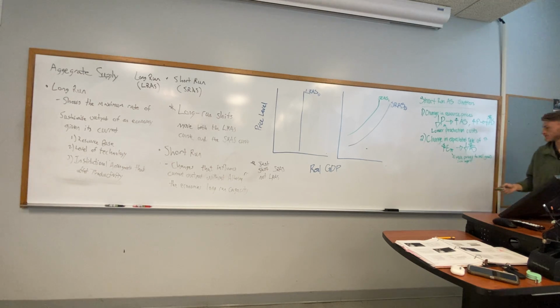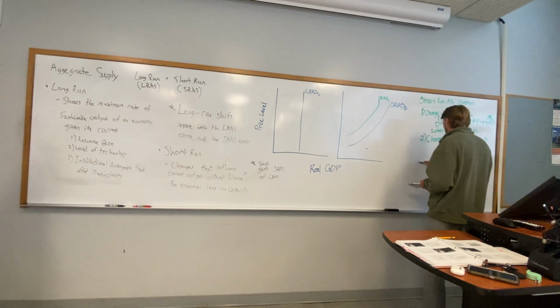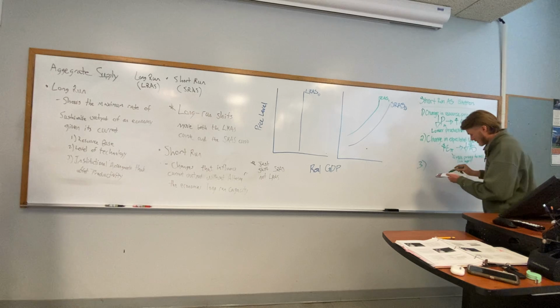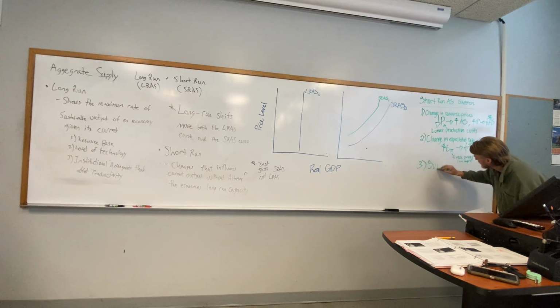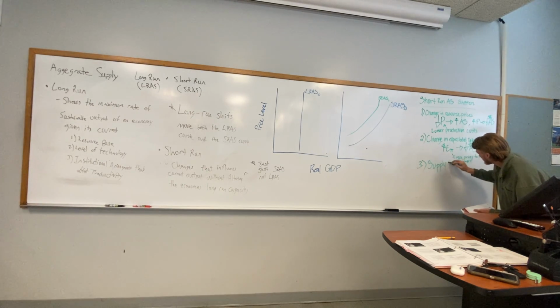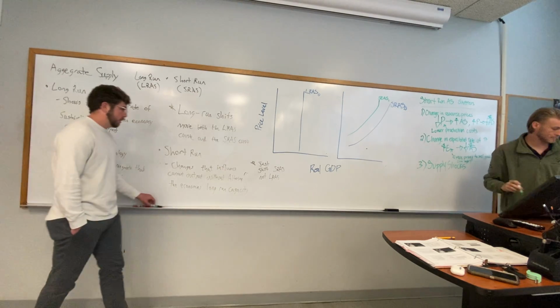We got one more. We got 3. Number 3 is called supply shocks, and we need to define that as well. You want to put this one in black ink right there.